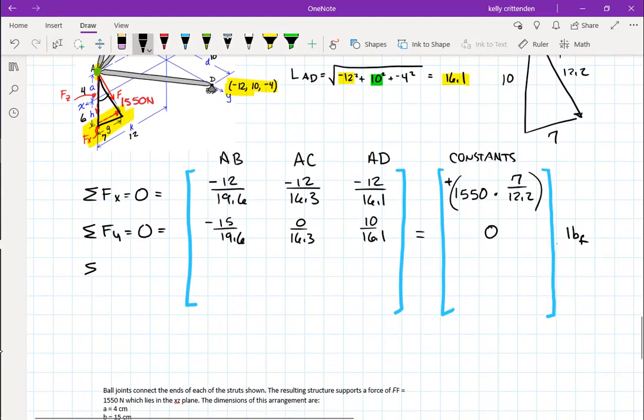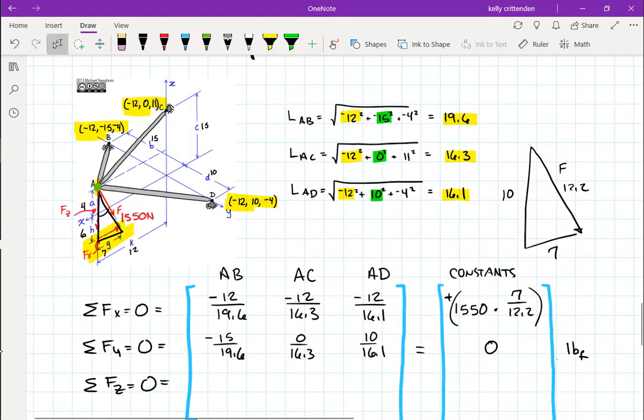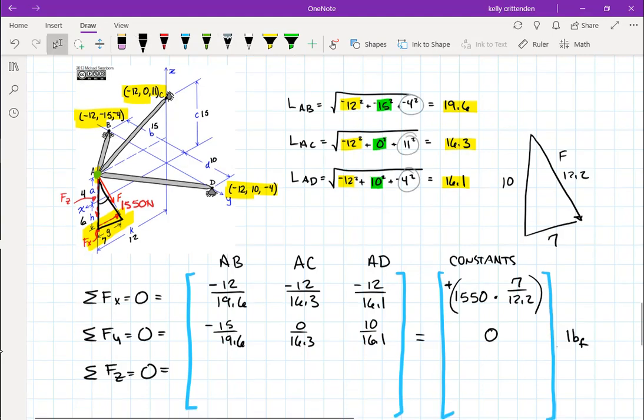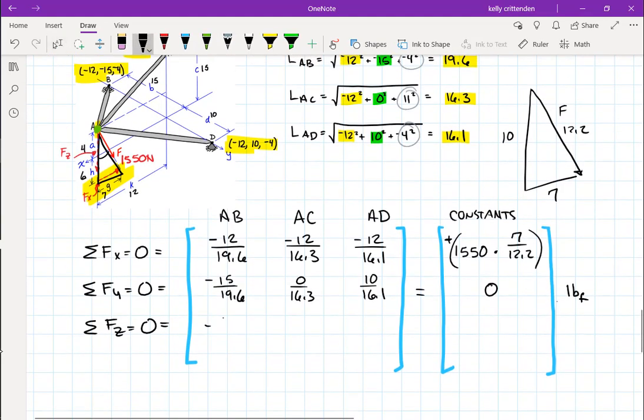And then z is the other set, is these guys. So negative 4, again, over 19.6, 11 over 16.3, and another negative 4 over 16.1.